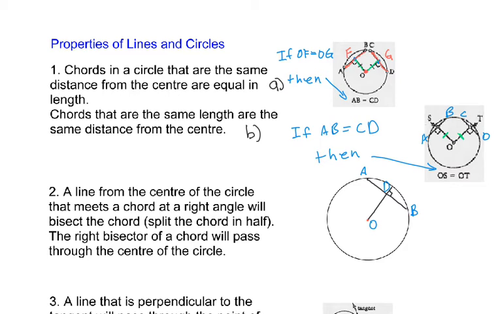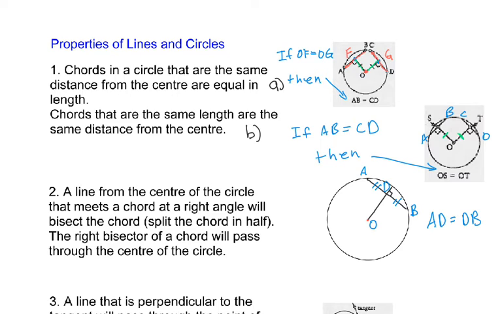If you have a line that perpendicular bisects the chord, we end up having two equally broken line segments. In essence, we have AD equaling DB, and that's what property number 2 is talking about.